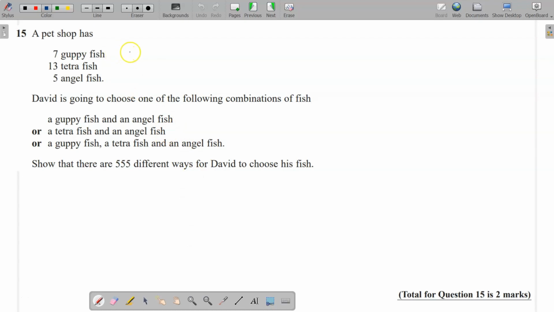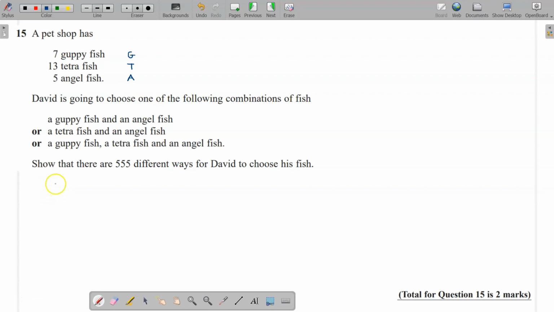So I'm just going to use some algebra here. I'm going to call G the number for a guppy fish, T for tetra, and A for angel. Okay, it's going to be the guppy fish and an angelfish.